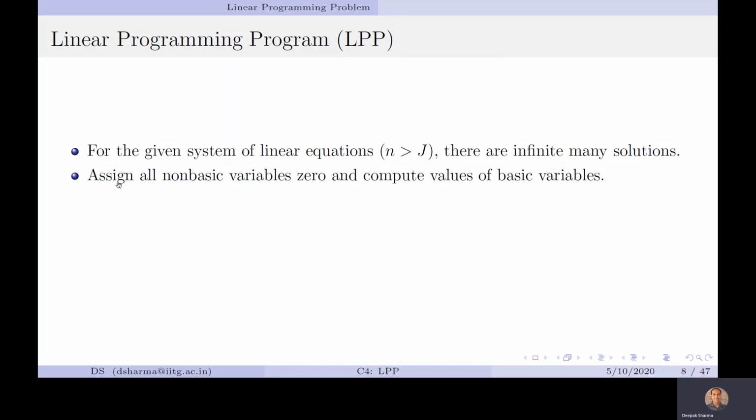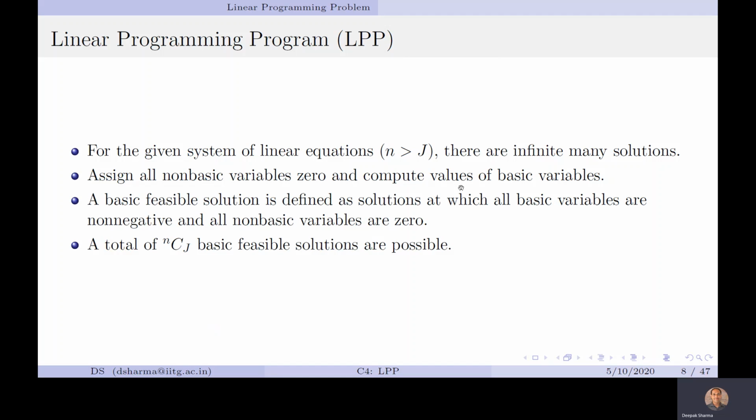By assigning the 0 value to non-basic variables, we compute the values of basic variables. So the basic feasible solution is defined as a solution at which all basic variables are non-negative and all non-basic variables are 0. Please make out the difference between basic and non-basic: basic variables should be non-negative and non-basic variables should be 0.